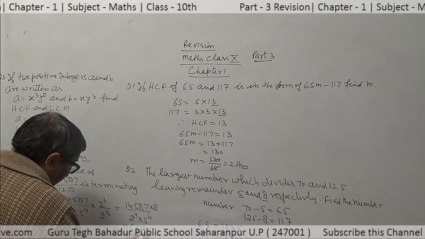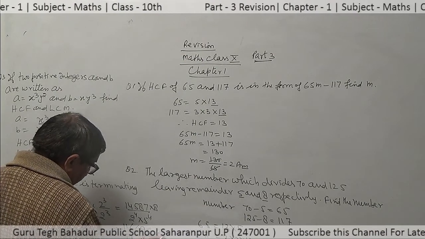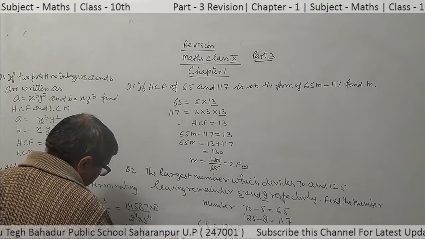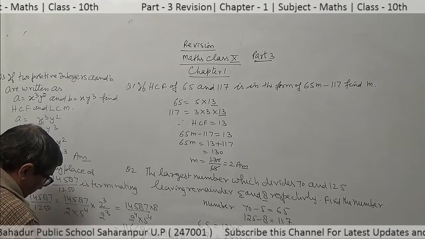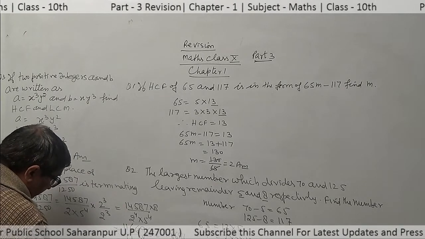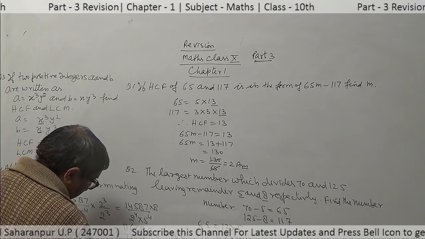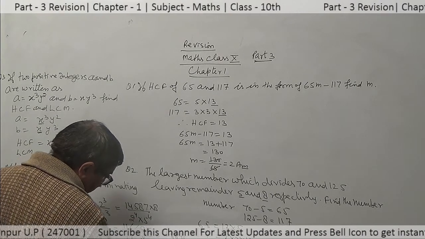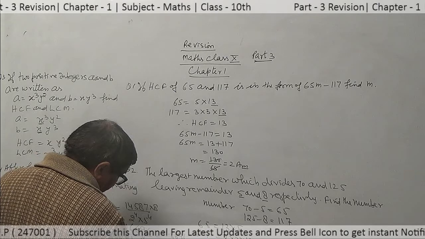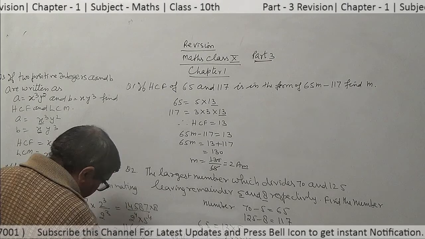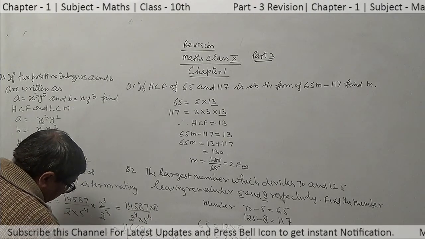So it will be 11.6696. So after 4 places of decimal, it is terminating.